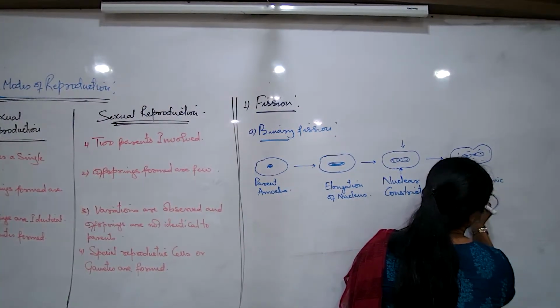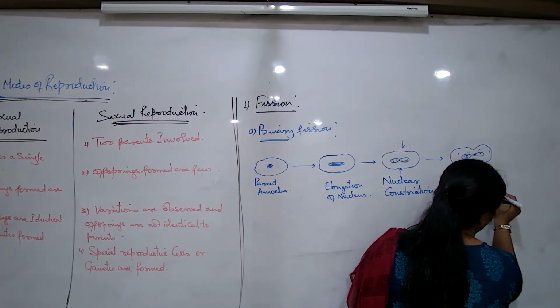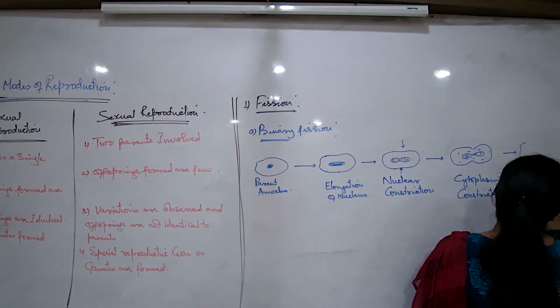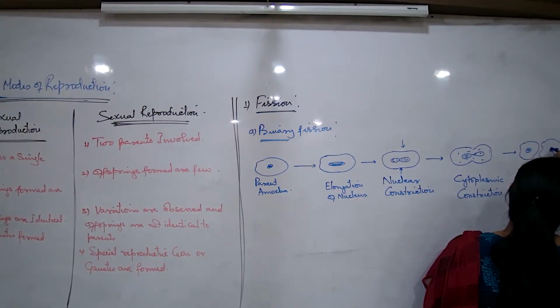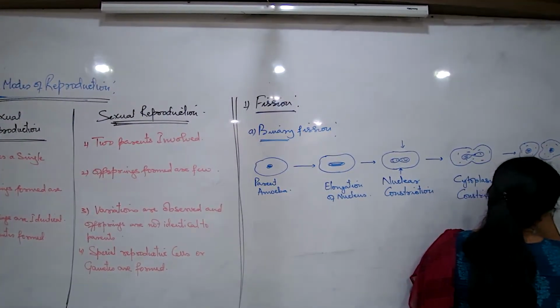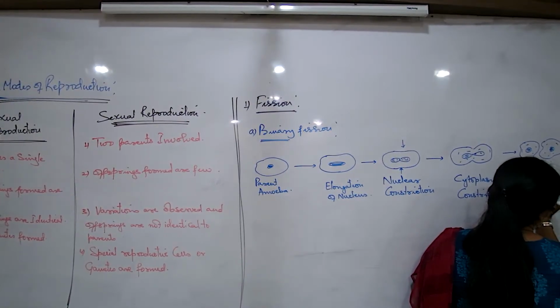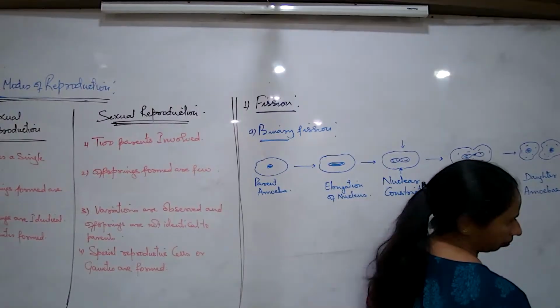These are the stages you will have to remember. Cytoplasmic constriction. And then this will be followed by the formation of the 2 daughter nuclei. This will be followed by the two daughter amoeba.